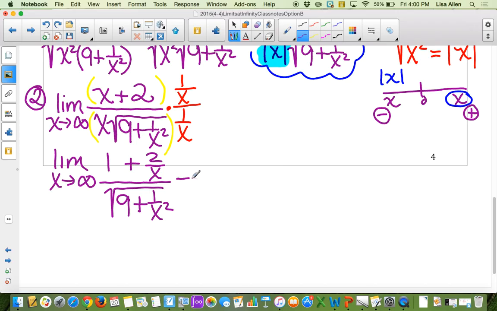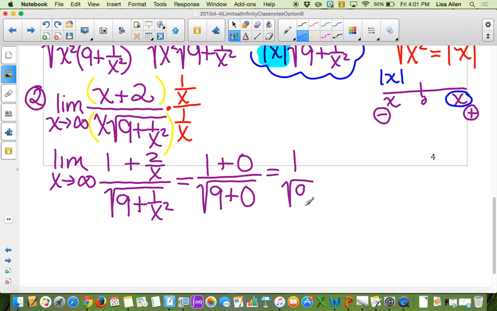So that limit then could be taken directly, and it is 1 plus 0 over the square root of 9 plus 0. We end up getting 1 over the square root of 9, which is, of course, 1/3.